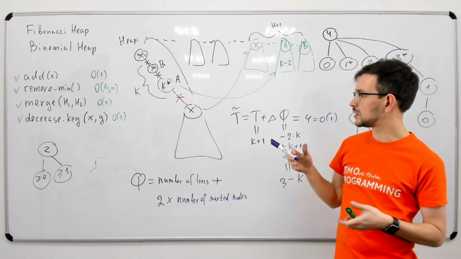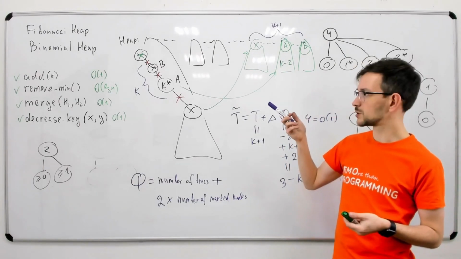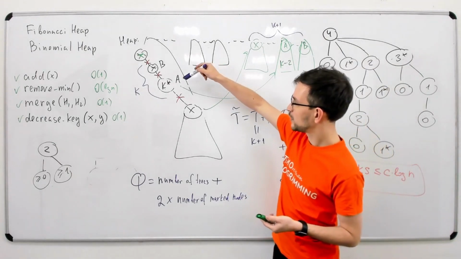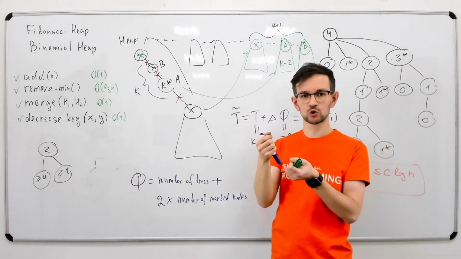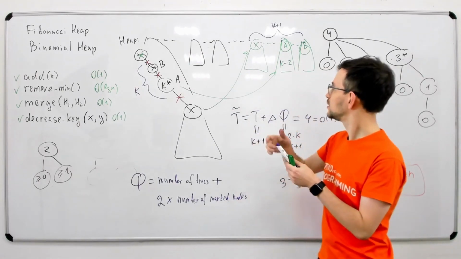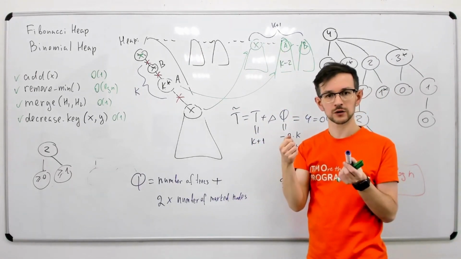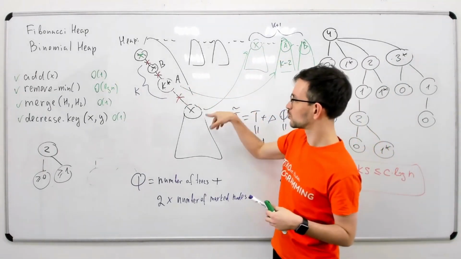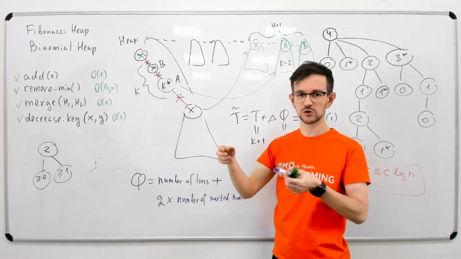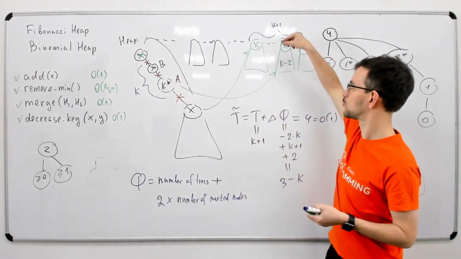You may think about this in the accounting method. You can say that each mark has a coin of value 2, and each root has a coin of value 1. So each time you go to this, you have 2 coins. You spend 1 coin to move the element here and put 1 coin here.